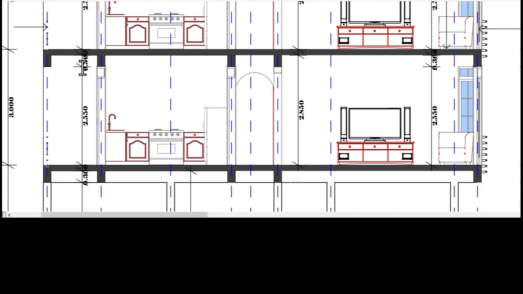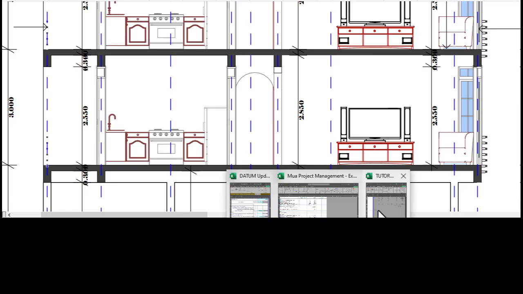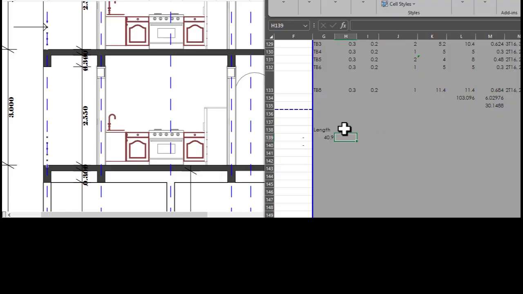Yeah, do not consider the beam, because the beam is going to be taken care of, and has been taken care of under concrete works. So this is a height of 2.55. All right. So the area, we just do the area on the side here, and this gives us 40.9 times 2.55. So this is supposed to be the total area of the internal walls.